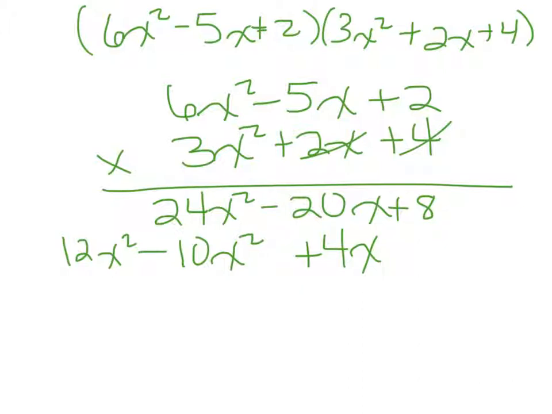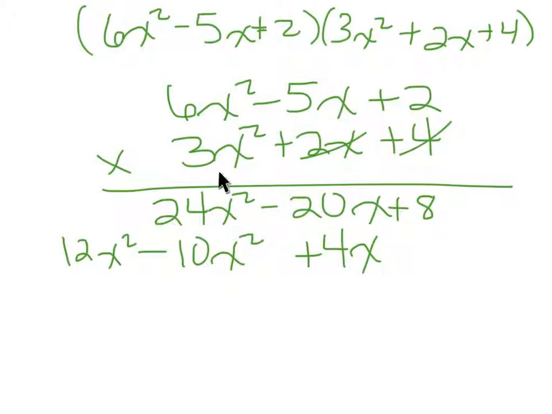Now, we're going to multiply our 3x squared times everything on the top. So 3x squared times 2 is going to give us 6x squared. Now, notice this is not an x squared. This is not an x squared. This is an x squared.